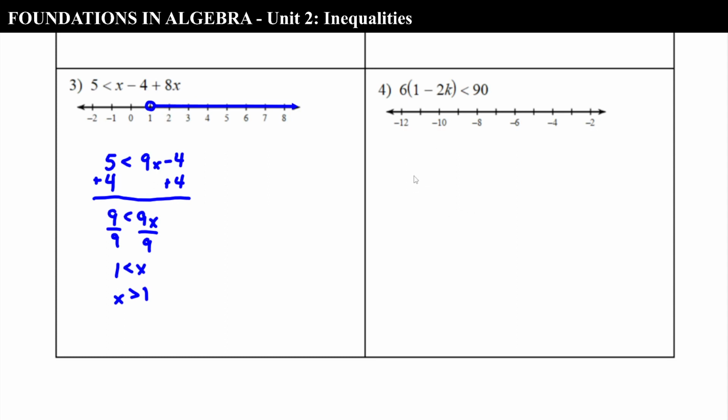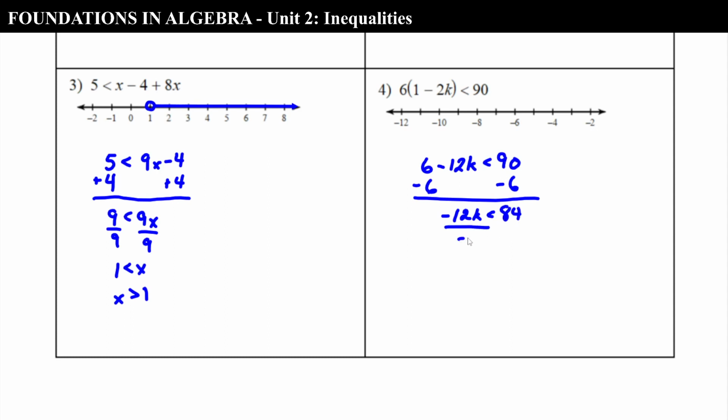For number 4, we're going to distribute first. 6 times 1 is 6. 6 times negative 2k is negative 12k. And we have all that less than 90. Subtract 6 from each side, and you get negative 12k is less than 84.